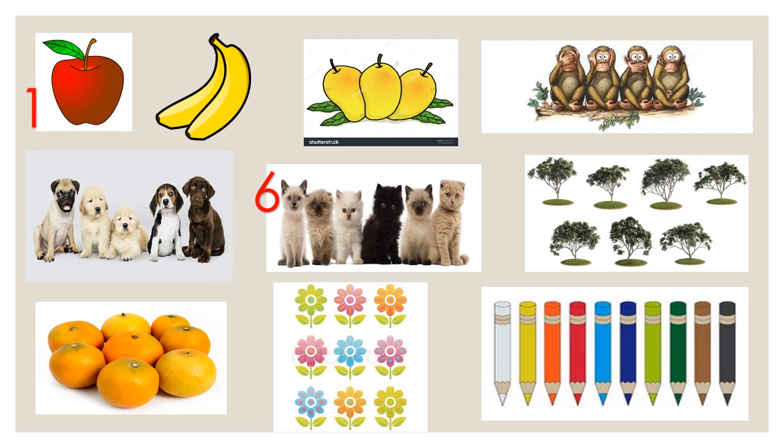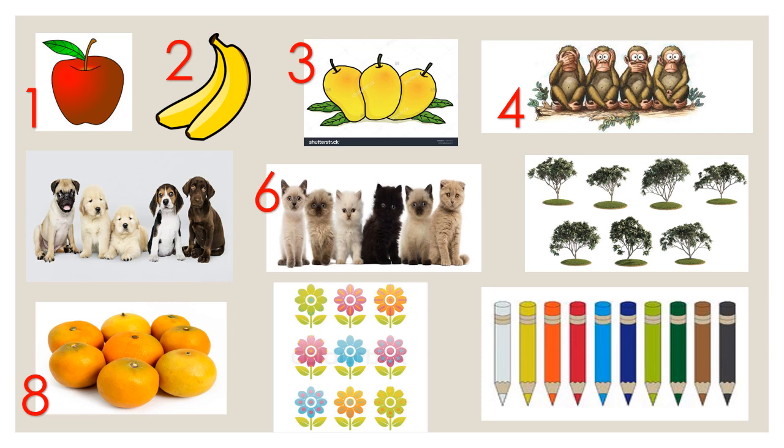Next. Alright, we have 4 monkeys. What else? How many bananas do we have here? Okay, we got 2. Next, how many dogs, oranges do we have here? Oh, we have 8. Alright, 3 mangoes.